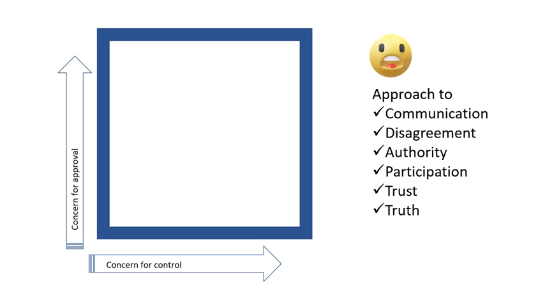I want people to like me. I want the faculty to like me. There's nothing wrong with that. So we're going to compare the levels of concern for control and concern for approval that I have as a principal. And the extent to which I mix those two concerns, I will develop a leadership approach that enables me to communicate, to manage disagreement, to have a wholesome or negative approach to authority and to participation.